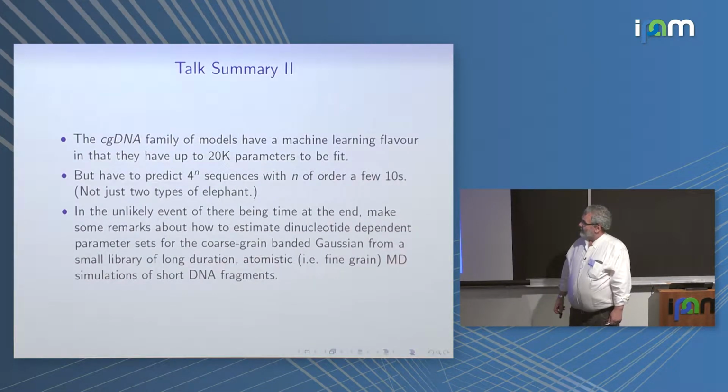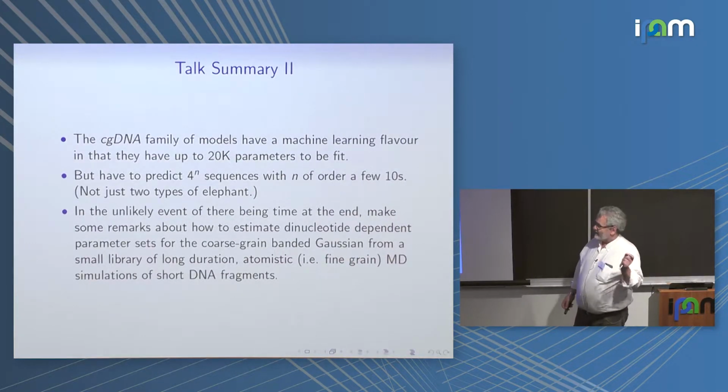So I'm going to talk about cgDNA. CG stands for coarse-grained DNA. It's a family of models which I've developed. The dsDNA in the title is always double-stranded DNA. DNA also exists as a single strand, but we're not going to talk about that. These models have a machine learning flavor in the sense that they have, say, up to 20,000 parameters in them.